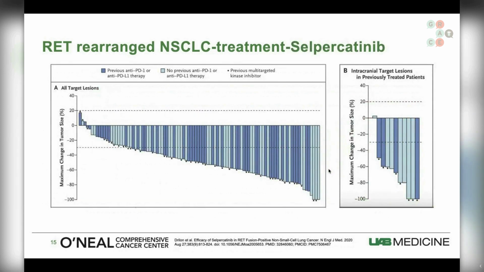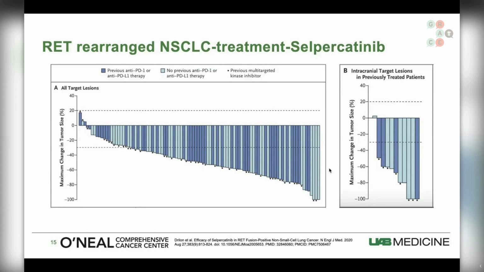These are the waterfall plots from the selpercatinib trial, also demonstrating the same thing, where you have a few people who had progression or increase in the size of their cancer burden, but then the vast majority of patients do respond to the treatment. And you also have a few patients who have complete response of their therapy.